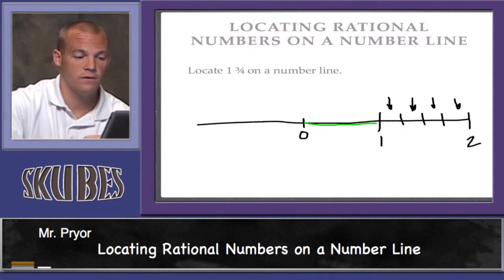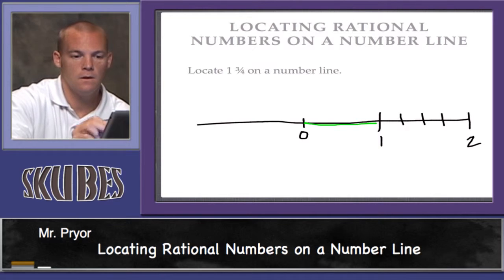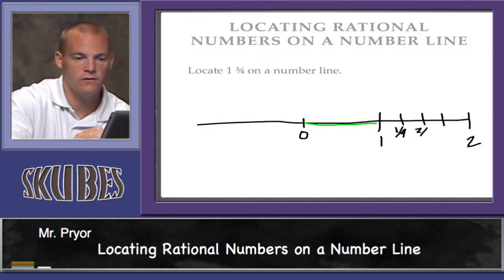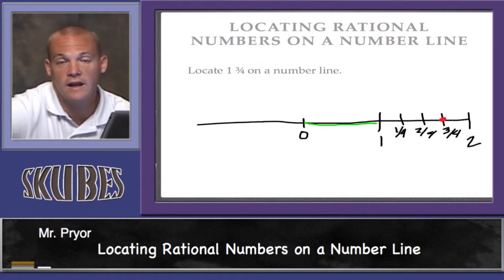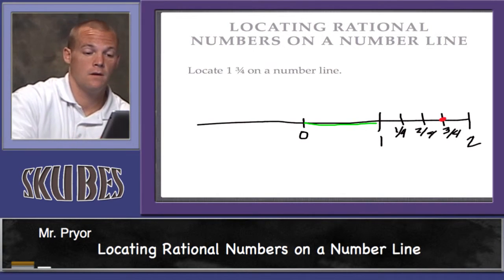So where would 3/4 be? Well, let me get rid of those arrows and we'll count that out. Here's 1, 1/4, 2/4, which means 3/4 would be right here. So you would place your point directly on that little notch on the number line. So that would be 1 3/4.